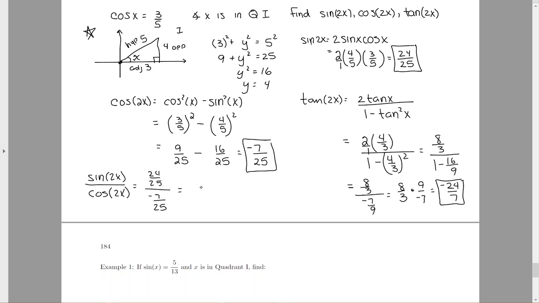Do my keep, change, flip, and I'm also going to get 24 over -7, or -24/7. So if you're confident that you got sine 2x correct and cosine 2x correct, you could use those two fractions, divide them, do your keep, change, flip, and you're still going to get the same thing as if you plugged into this formula here.